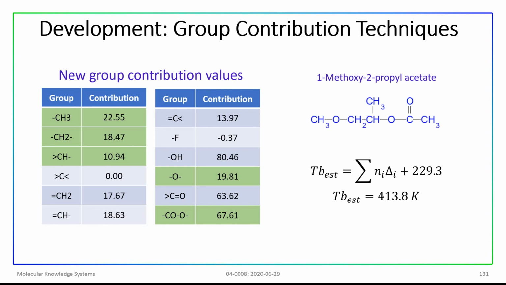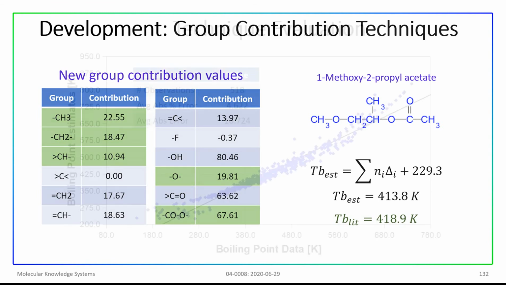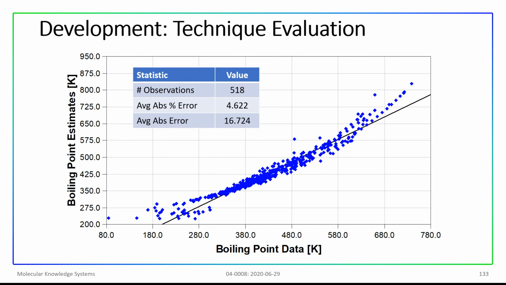We then insert these group occurrences and group contributions into the technique's model and get an estimate of 413.8 K, which is in very good agreement with the literature value. Using this new group contribution technique on 518 chemicals, we see that it produces fairly good results, giving an average absolute percent error of 4.6%.